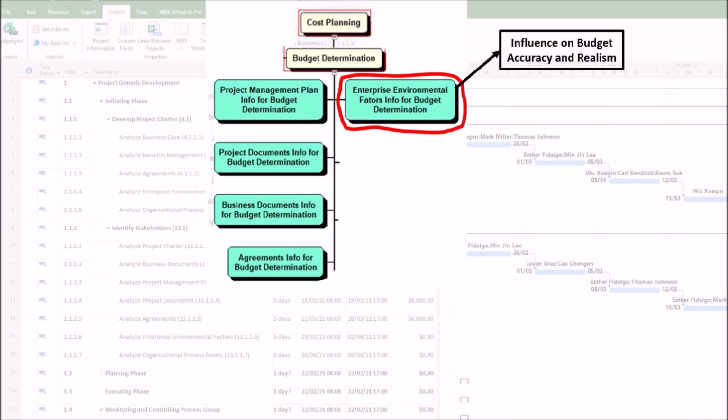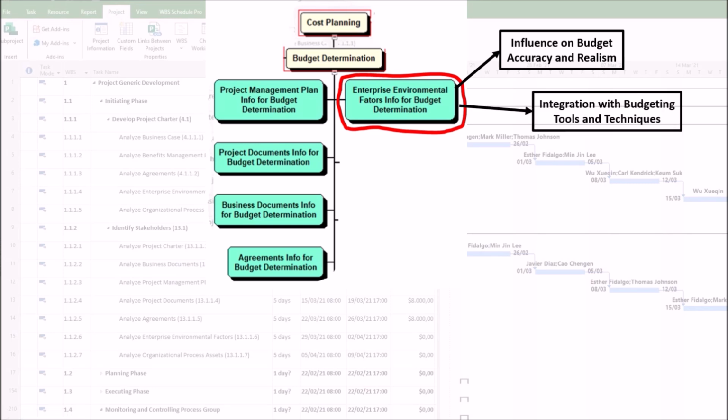Second, market conditions, such as inflation and material costs, directly impact resource pricing and procurement strategies. Third, legal and regulatory requirements, such as tax laws and safety standards, can introduce mandatory costs. Without accounting for all these factors, budgets run the risk of being unrealistic or non-compliant.